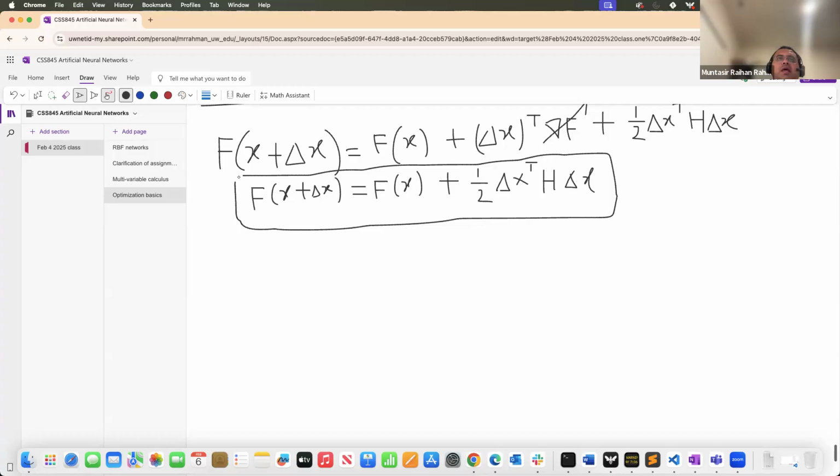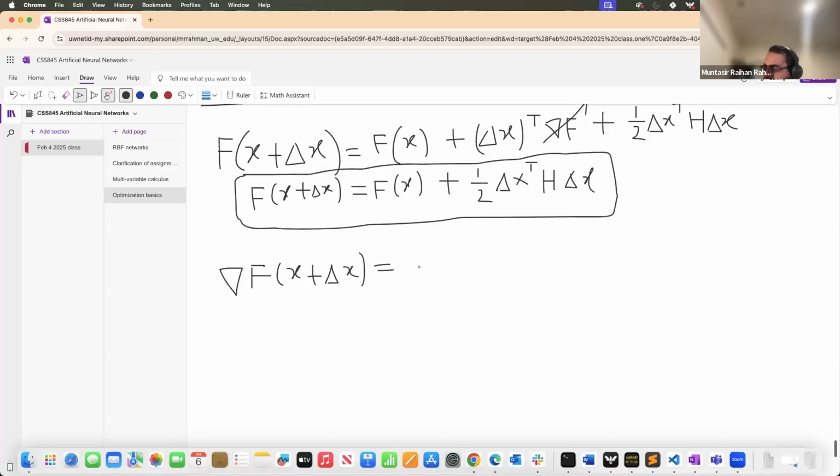Let's take the gradient on both sides of this equation. So I'm going to take the gradient here, here, and the gradient of this object. On the left hand side, I have f at x plus delta x. If I take the gradient of that, that becomes the gradient of f of x plus delta x.